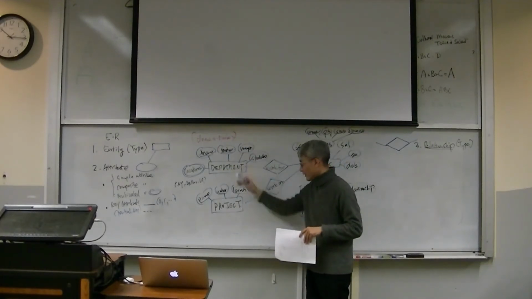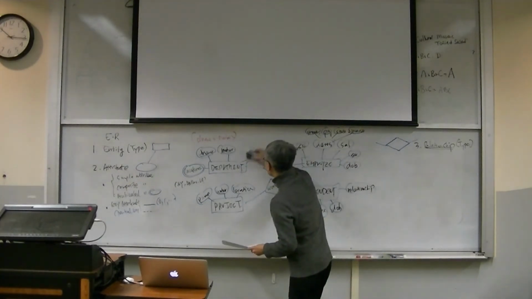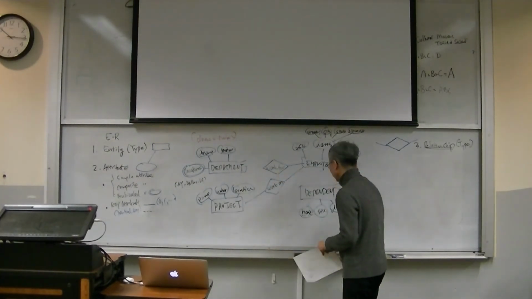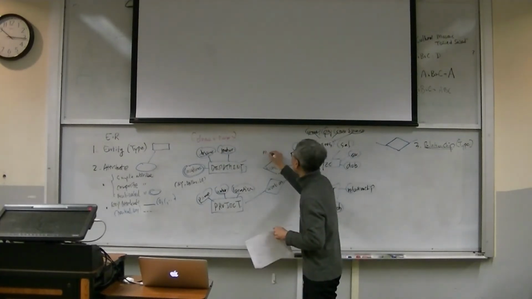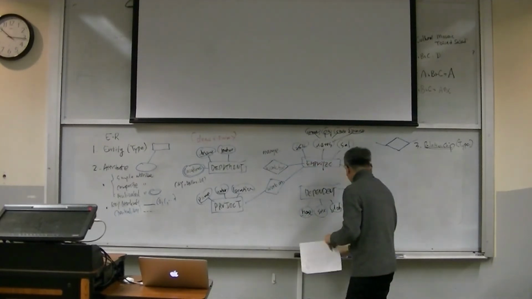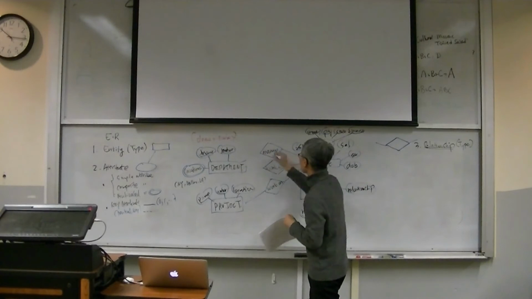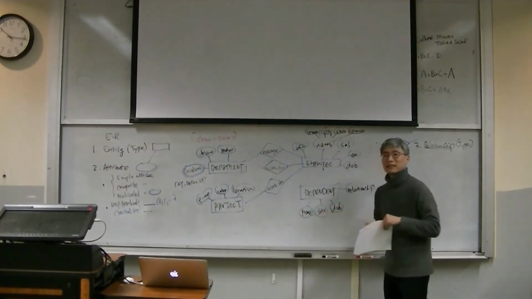Instead of creating an attribute, we can create what? Employee manages the department. So we can create the relationship manage like that.